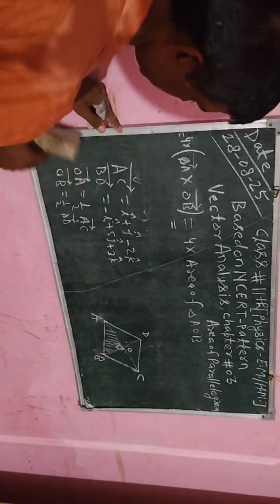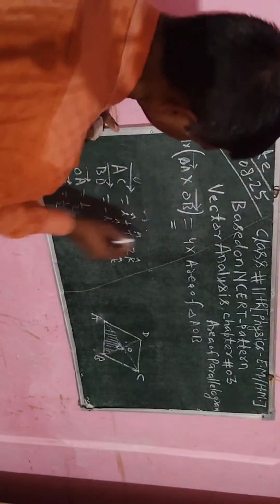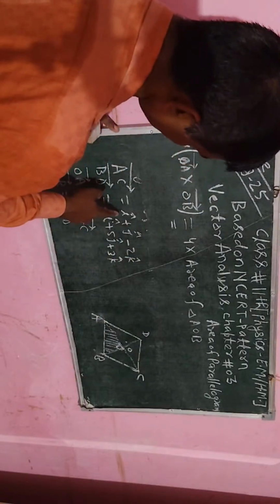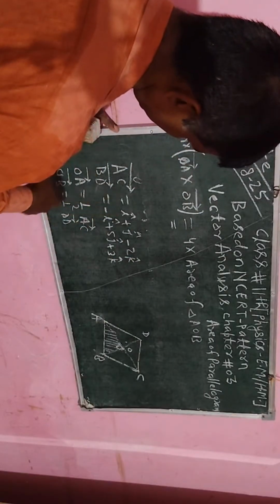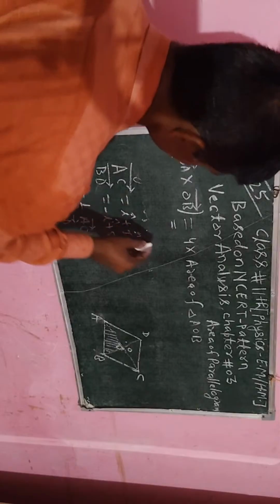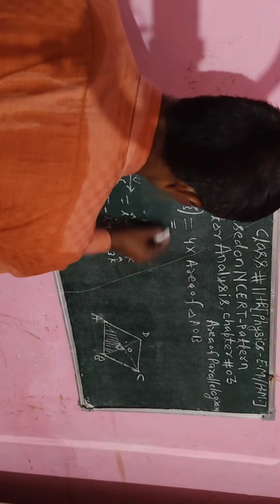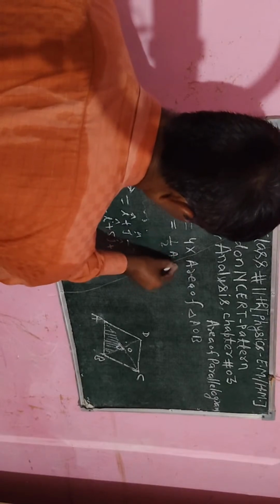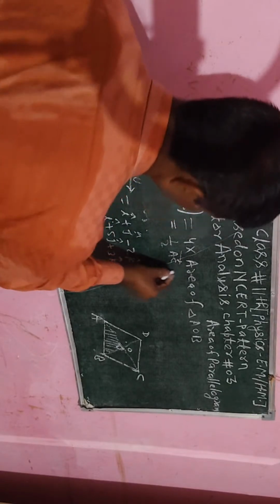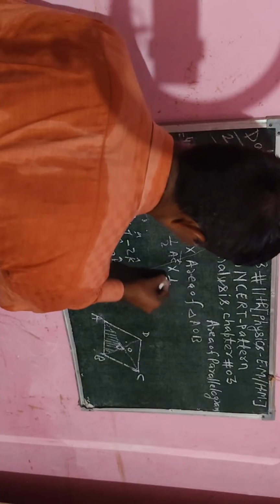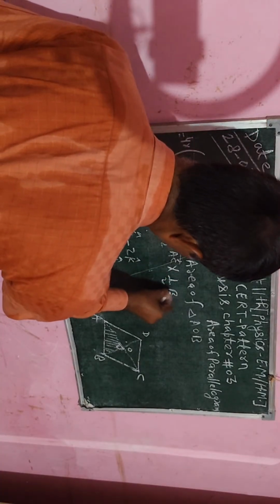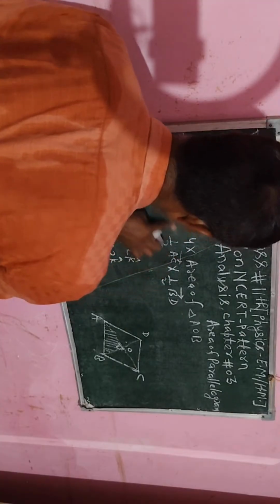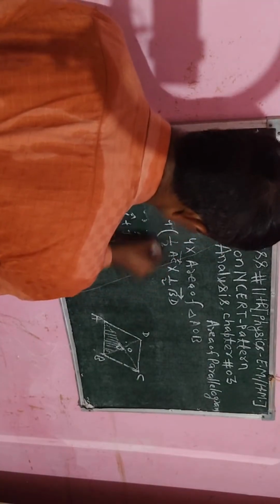Okay, so I will write vector OA cross OB as 1/2 vector AC cross 1/2 vector BD, and I have multiplied with 4.